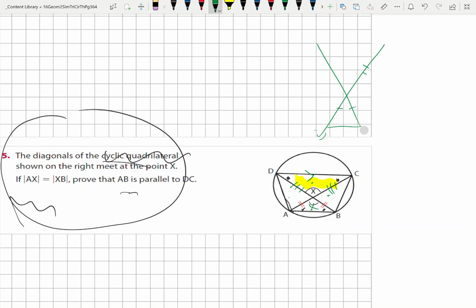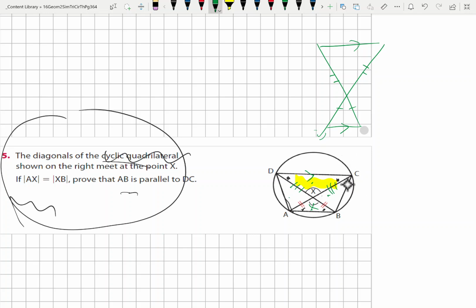Here we go. I also have this angle here is the same as this angle here, and something similar going on. Let me just use a single arc here and a single arc here, and they're equal.